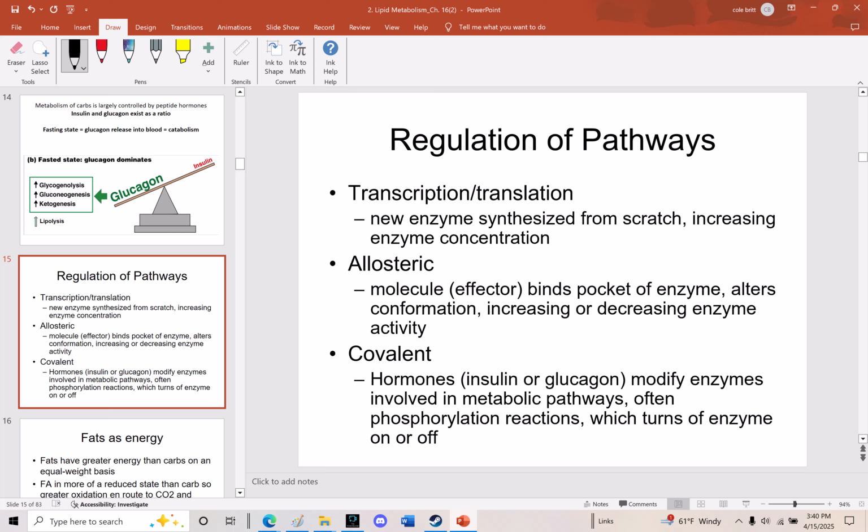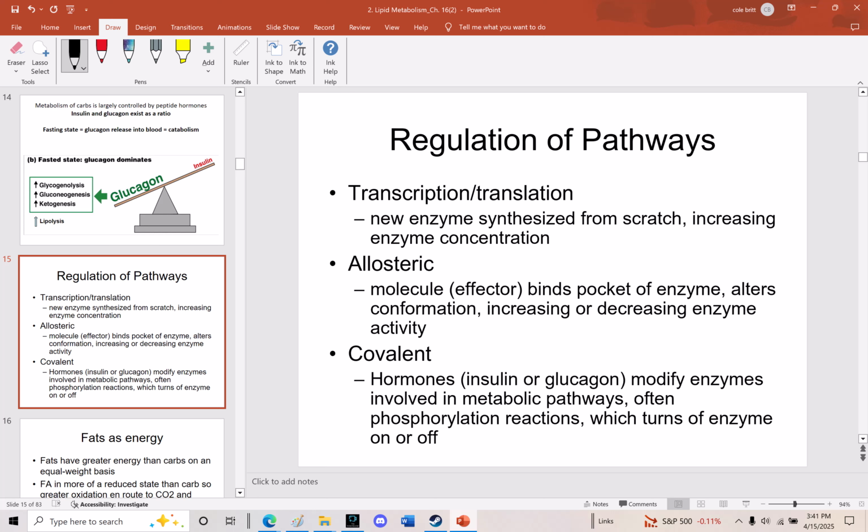The active site is where the substrate sits, whereas this would be the allosteric site. That is where a molecule will sit on the enzyme and inhibit it or enhance it, depending on what it wants to do.